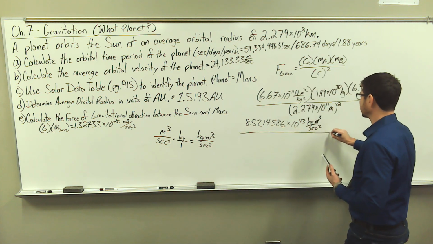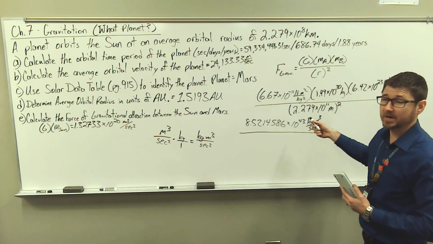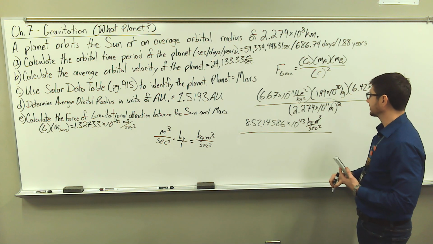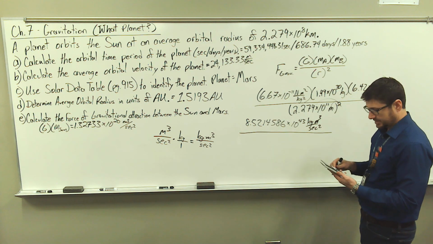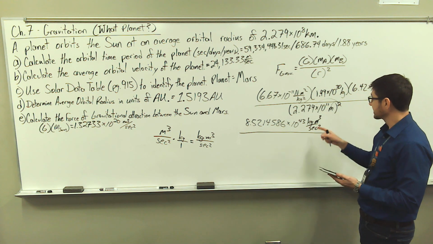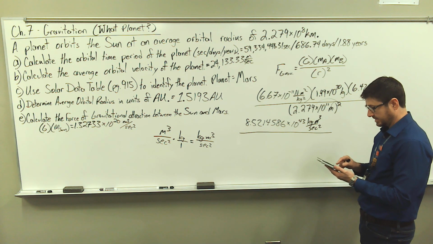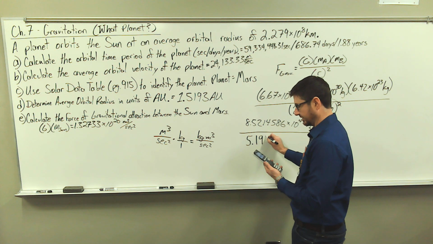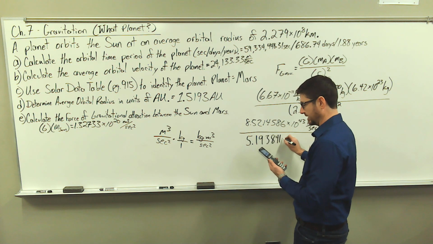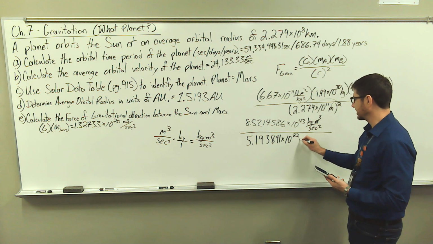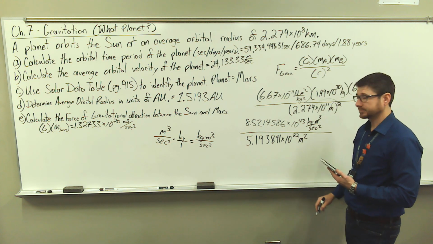We're going to divide it by this value squared. Now remember, we have to square the numerical value and square the unit value, okay? So let's do 2.279 times 10 to the 11th. We're going to square it. This gives me 5.19381 times 10 to the 22nd. And we have units of meters squared, okay?